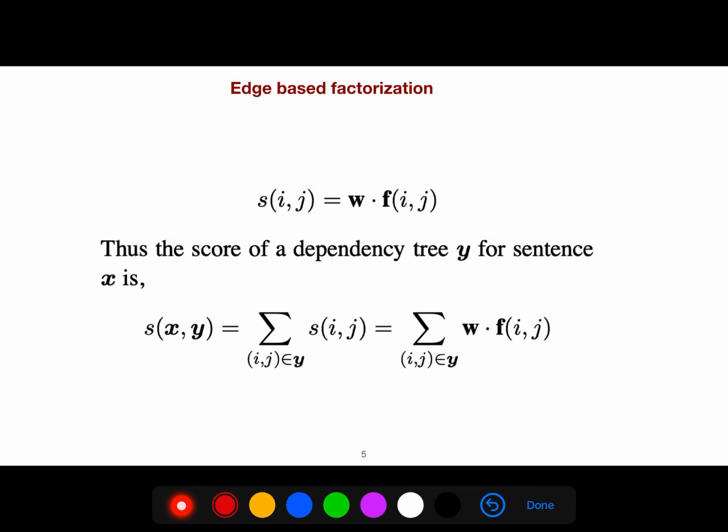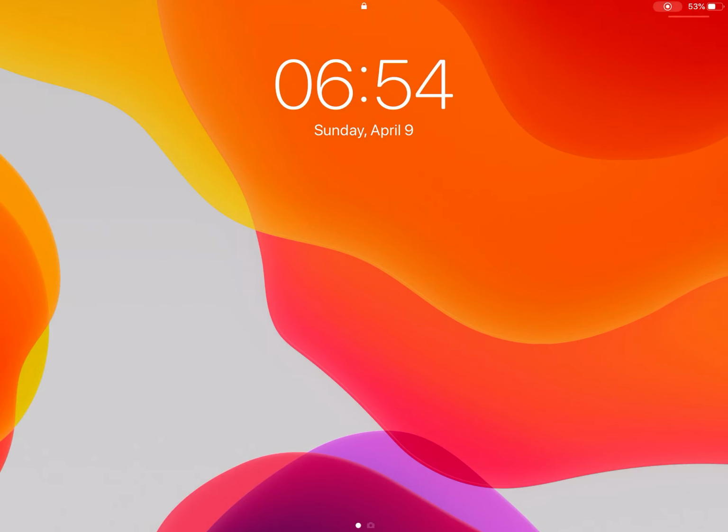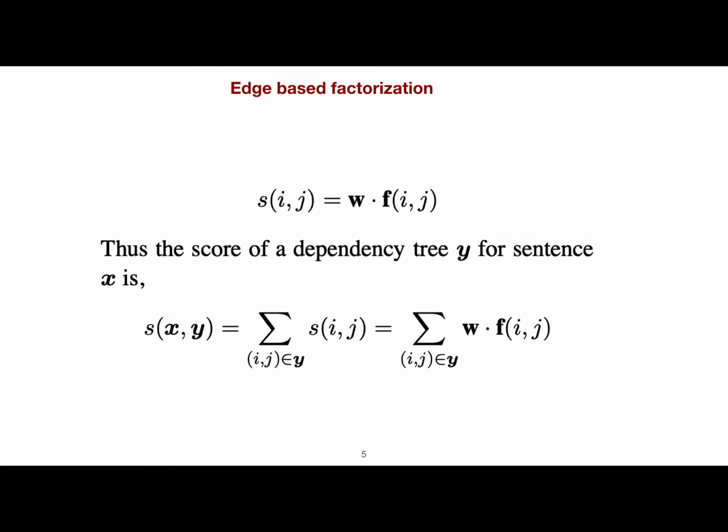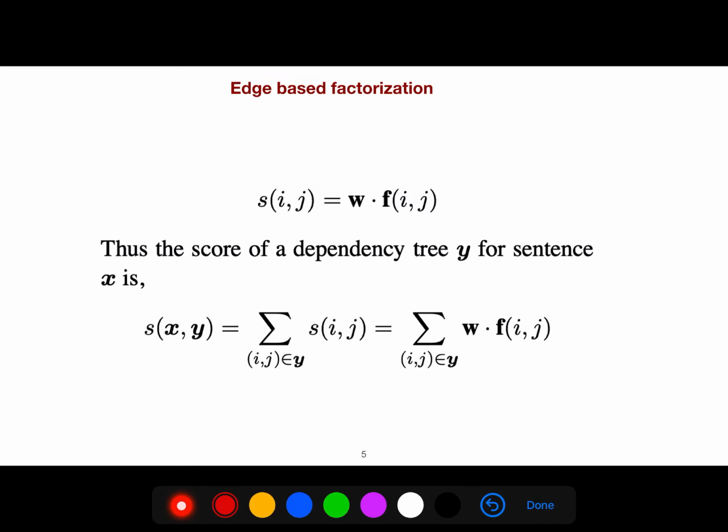As usual, we create the scores for each edge. We learn the weights and features. Again, we do feature engineering to obtain them. So the score of a dependency tree for a sentence is the sum of the scores of all edges.